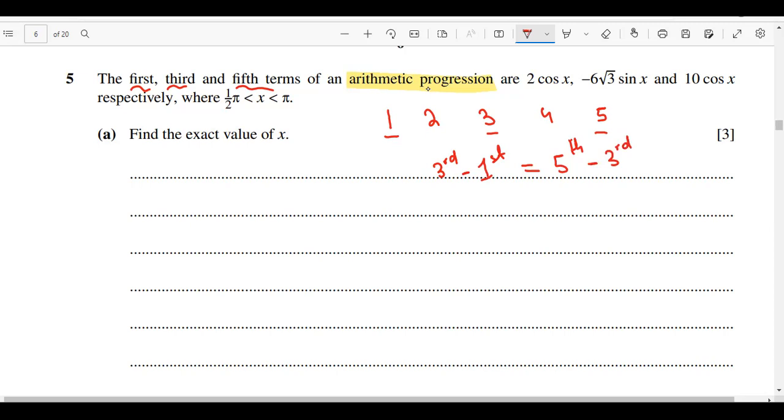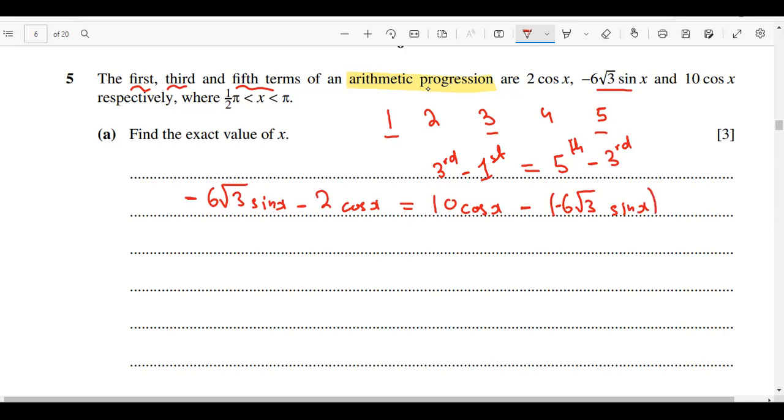The third term is there, so we can write it down this way: minus 6 under root 3 sine x minus 2 cos x, that is the first term, equals the fifth term, 10 cos x minus the third one, minus 6 under the root 3 sine x.